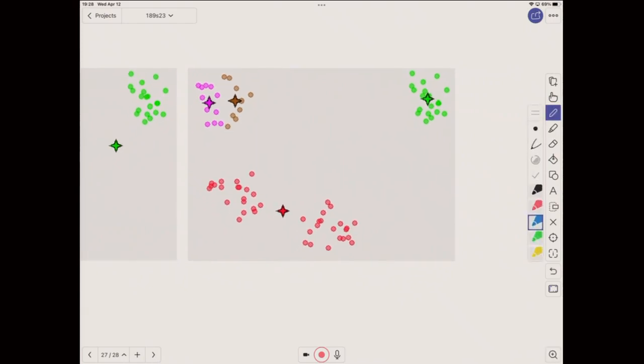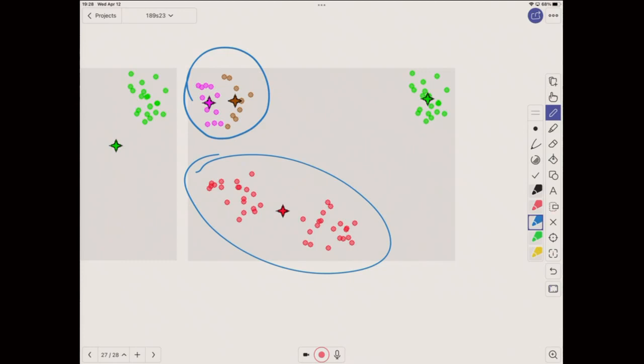So what's going on here is that 2 of the things that I, as a human, think should be separate clusters have wound up being 1 cluster. And then this thing, which I think should be 1 cluster, has wound up as 2 clusters. Both those cluster centers just kind of fell into the gravity well there. We have 1 good cluster here, but this kind of looks like a failure.